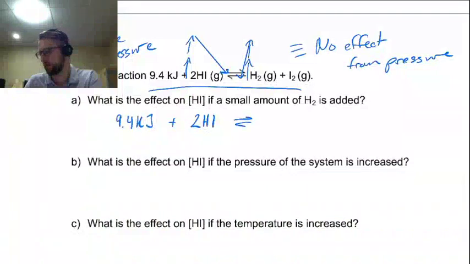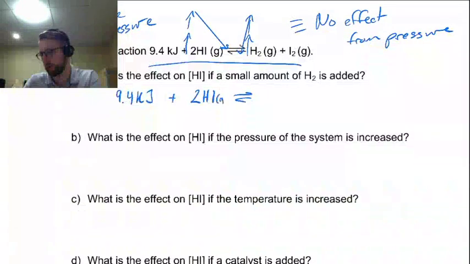Now phases do matter a lot because as we talked about earlier, if it's in the solid or liquid phase, it will not have an effect on equilibrium either. So we do have to watch out if they ever give us anything in those solid and liquid phases.